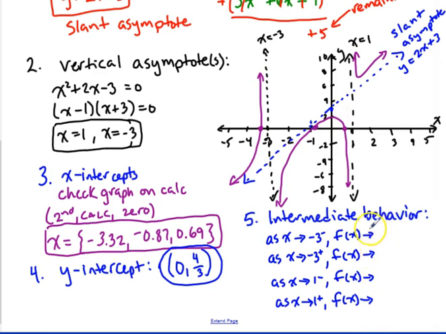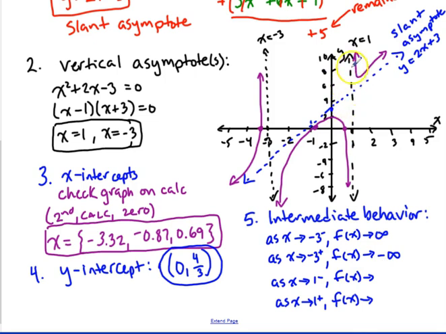If you did, these were the answers you probably got. Coming to this asymptote from the left of -3, we're going up towards positive infinity. To the right of -3, as it approaches -3 from the right, we're going towards negative infinity.